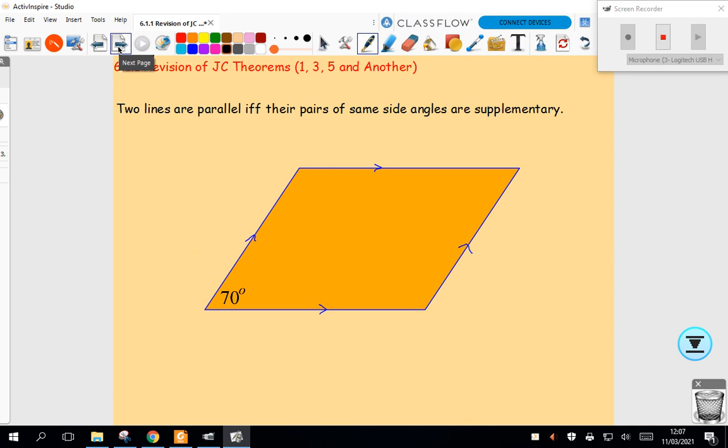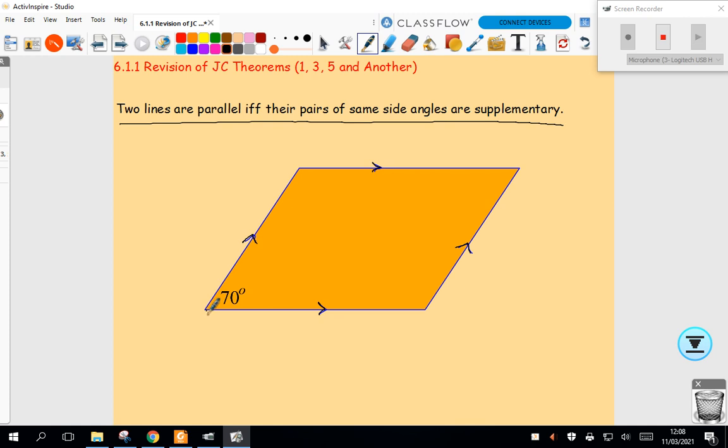Here's a parallelogram. I know it's a parallelogram because of the arrows telling me this side is parallel to this, and I want to fill in all the different parts of the parallelogram. I'm going to use this theorem, which says two lines are parallel if and only if their pairs of same side angles are supplementary.